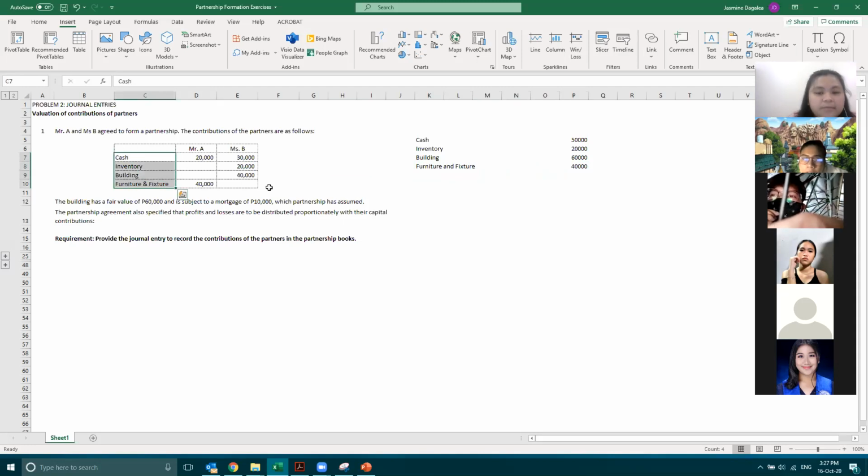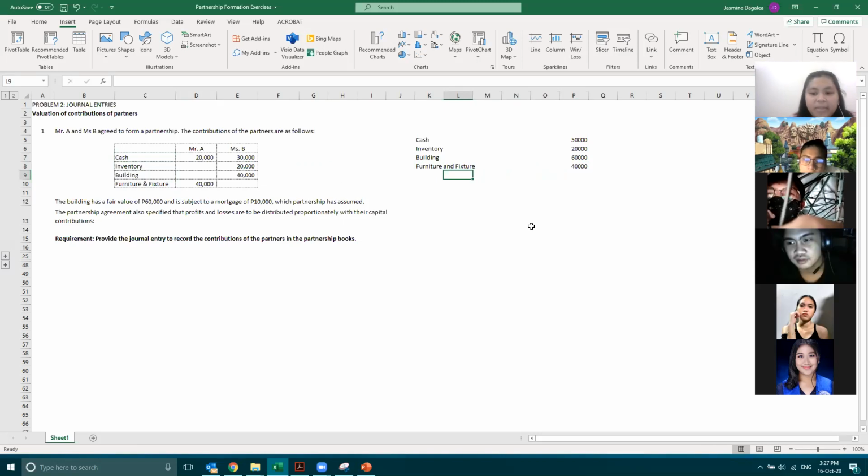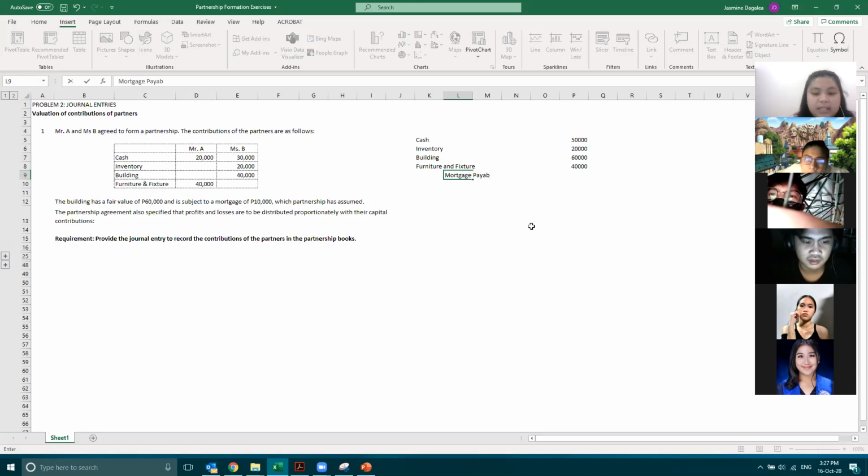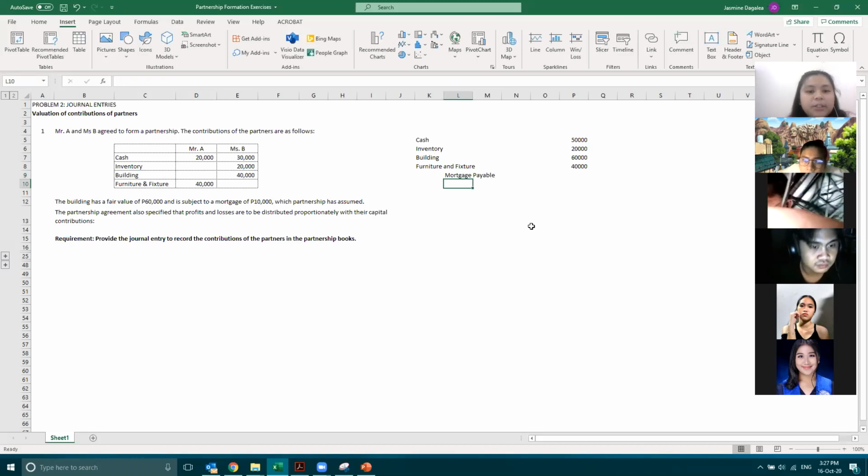Ito lang naman yung investments nila. Ano yung credits? Mortgage payable, 10,000. In-assume, di ba? Sinabi sa problem, which the partnership assumed. Pag hindi in-assume, i-disregard nyo lang.